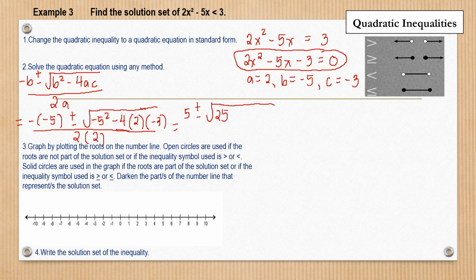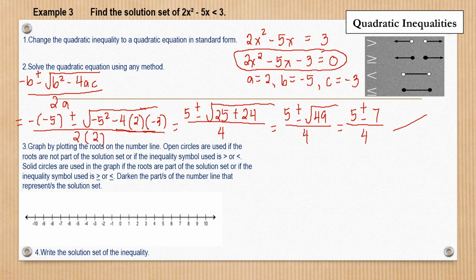Negative 4 times 2 is negative 8 times negative 3. We have positive 24. All over 2 times 2, 4. 5 plus minus the square root of 25 plus 24 is 49, all over 4. And this is 5 plus minus the square root of 49, which is 7, all over 4.